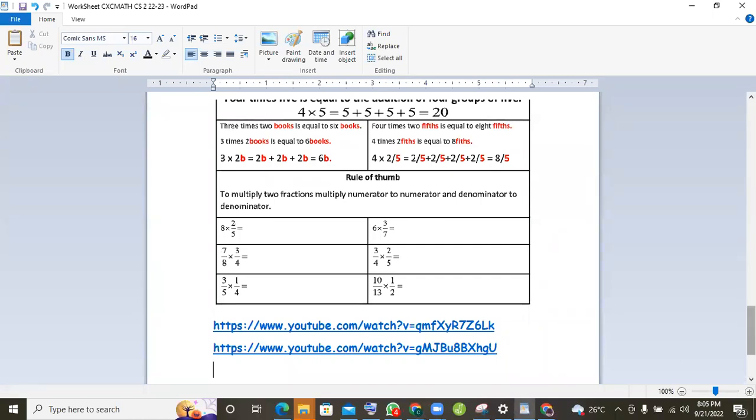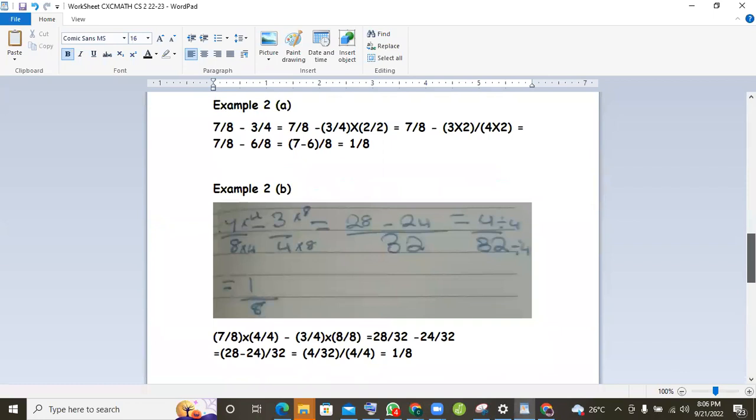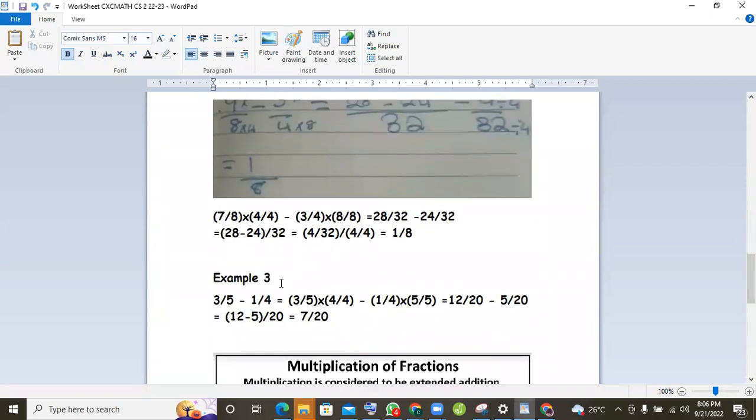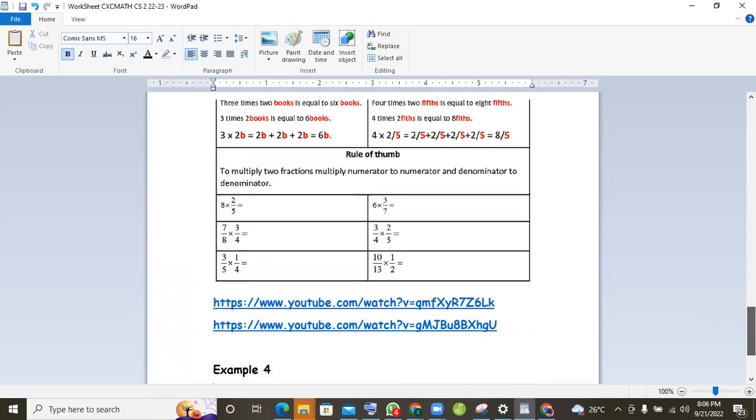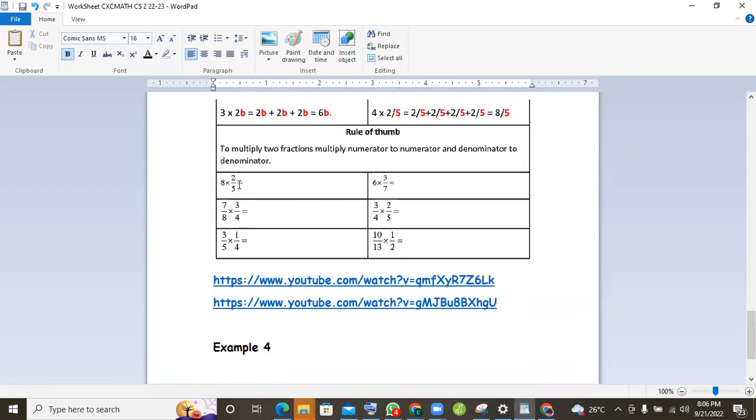So we are moving on now to example 4. Let's go in order. Example 4 says 8 times 2 over 5. 8 times 2 upon 5.